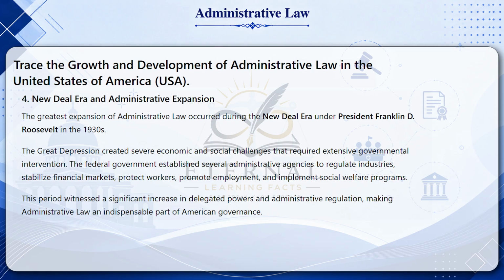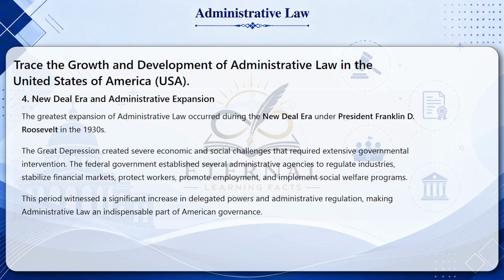The federal government established several administrative agencies to regulate industries, stabilize financial markets, protect workers, promote employment, and implement social welfare programs. This period witnessed a significant increase in delegated powers and administrative regulation, making administrative law an indispensable part of American governance.